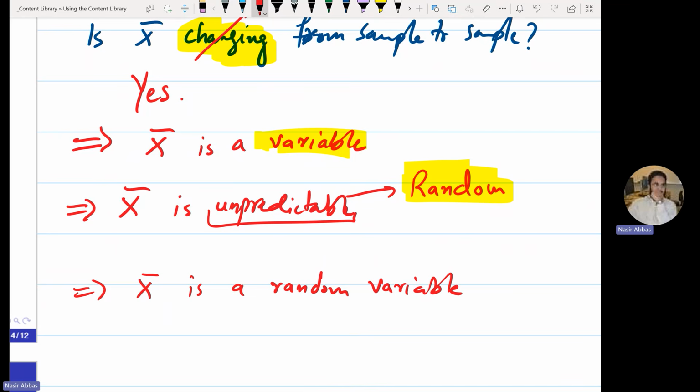X is a random variable, but X bar is also a random variable. Now, from your knowledge of chapters 3 and 4, we have come to know that every random variable has a distribution. Sometimes it is well known, like binomial, Poisson, Weibull, normal, log normal. Sometimes it is not well known, so we just write down the density function and solve it through the general case. But every random variable has a distribution.